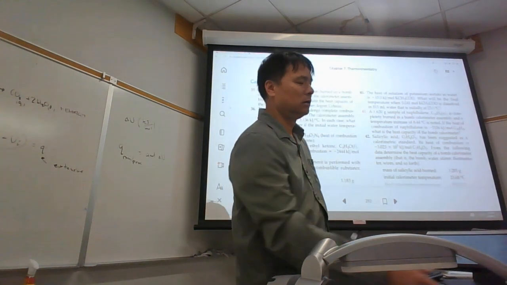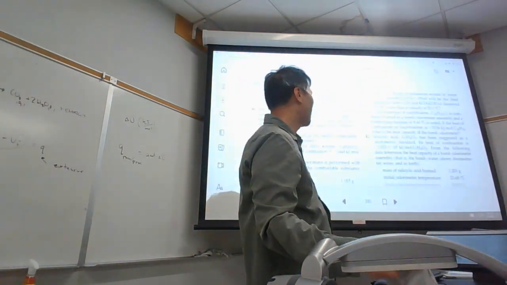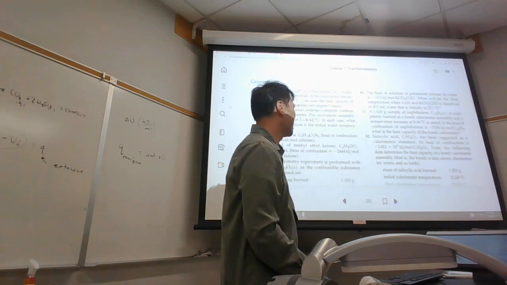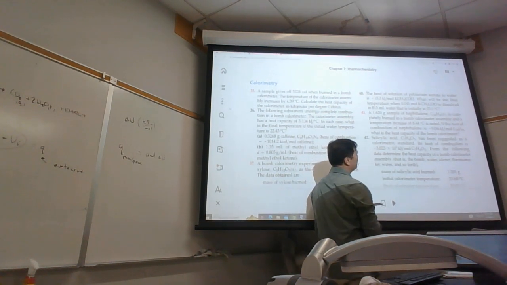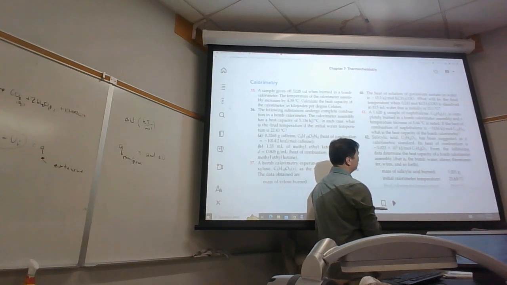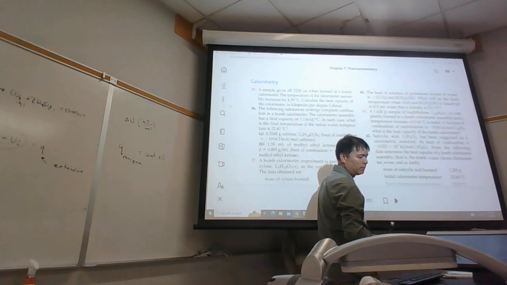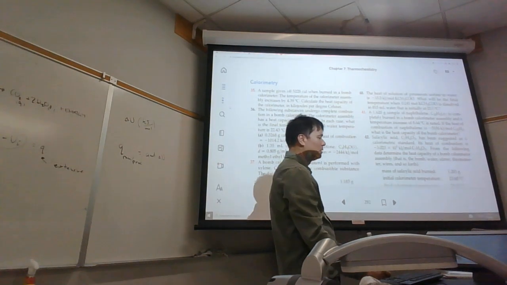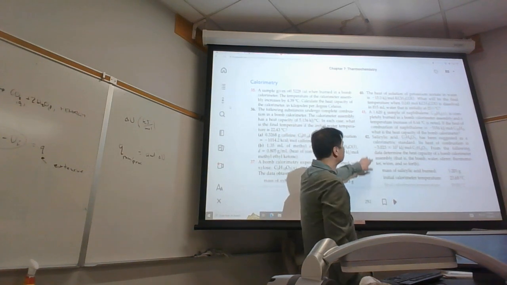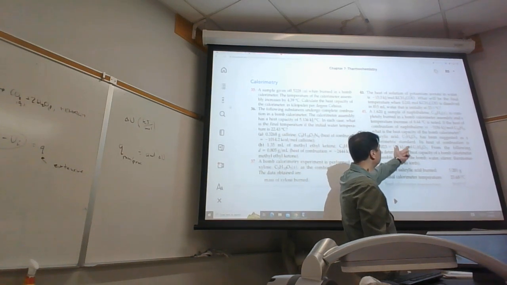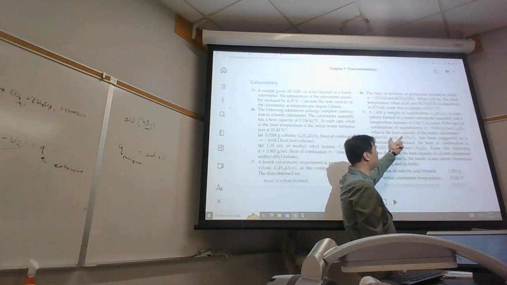Salicylic acid is the original aspirin. The original aspirin is salicylic acid, and then it was a little bit too acidic, so they buffered it, so they have methyl salicylic acid. But anyway, it has been suggested as a calorimetric standard, so we're going to use this to calibrate the bomb.